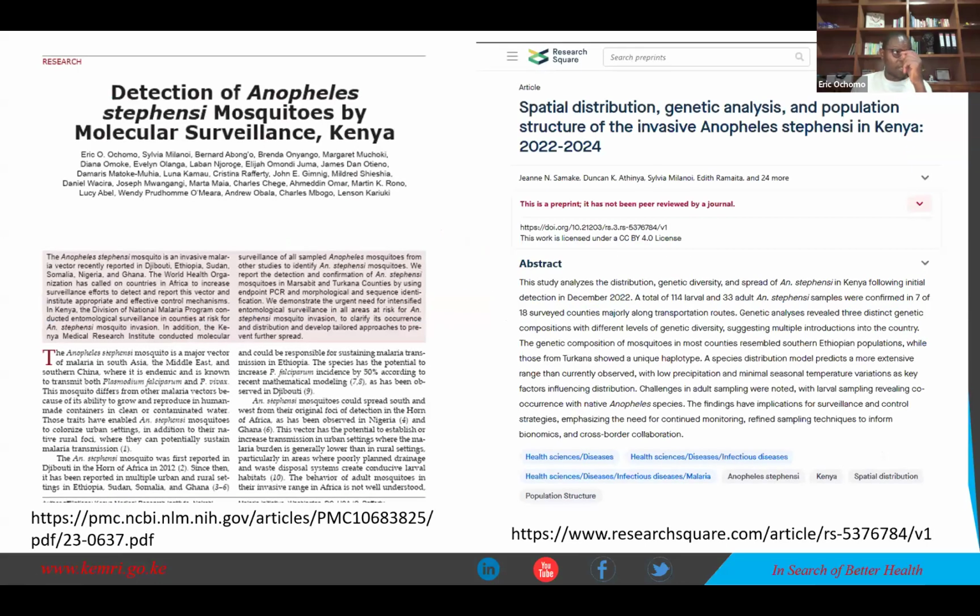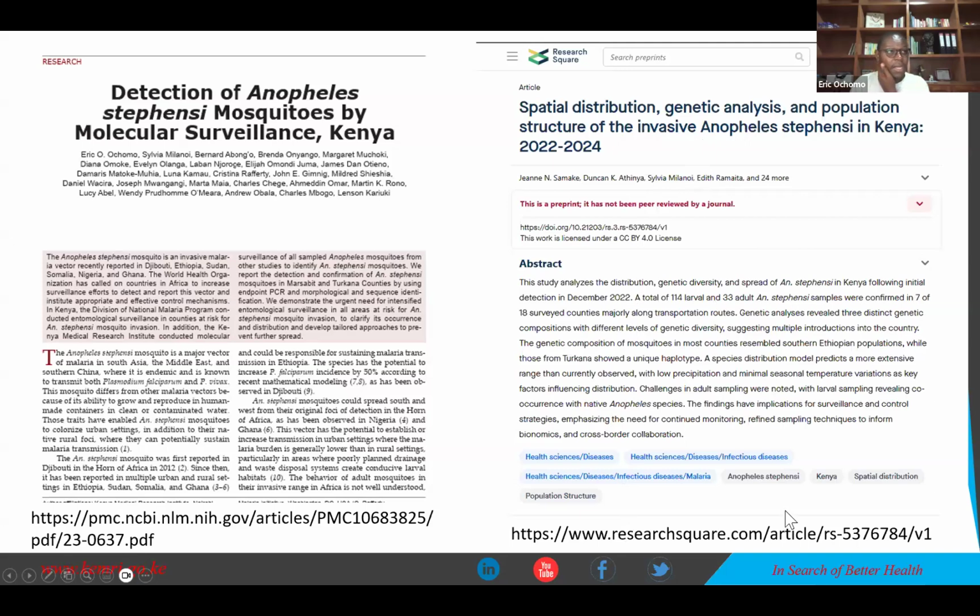So Damaris has talked extensively already about the initial detection that happened in two counties simultaneously, in Marsabit and Turkana counties, which was published in 2022. And at the moment, we're working on a follow-on report, which is as of August of last year, which is what I'll talk about briefly. But this is available as a preprint.